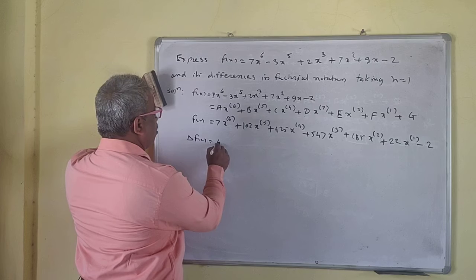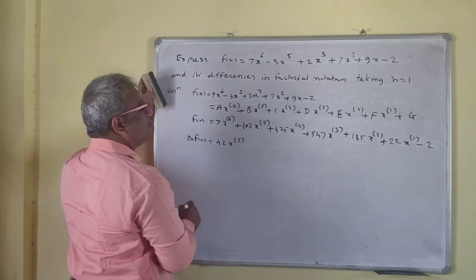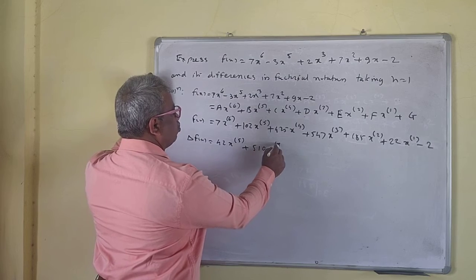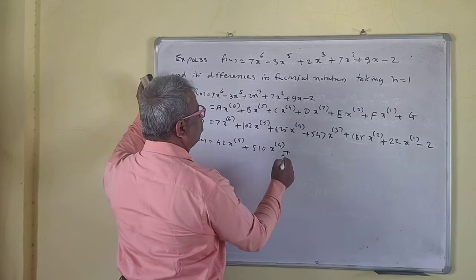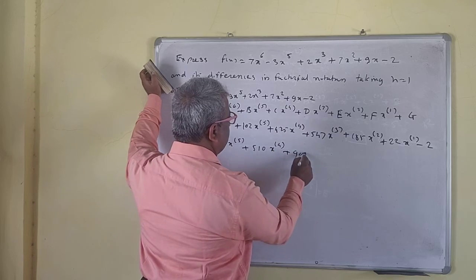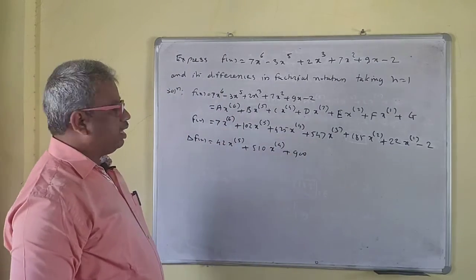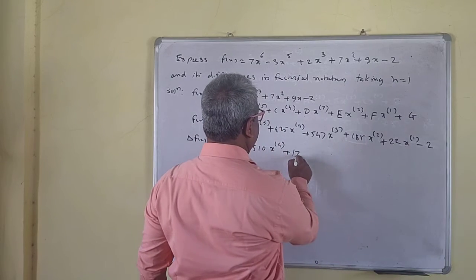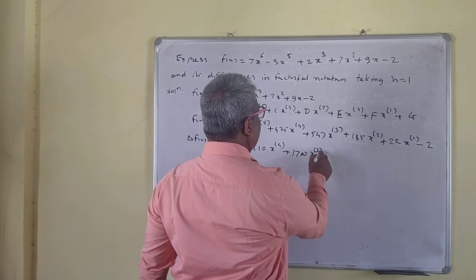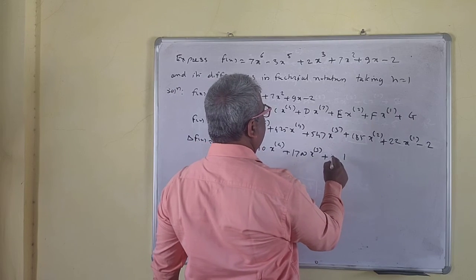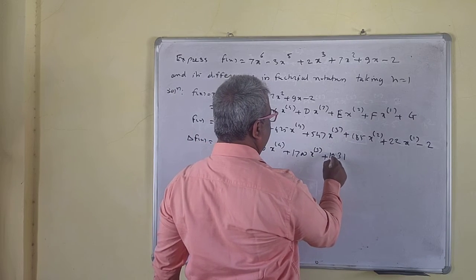So this is what? 42 x to the power 5 plus, so this is 510 now, x to the power 4. Okay. So this is what? This is 100. So this is 900 now. 1600. 1700. This is 1700 x to the power 3 plus, so 21 13 14.